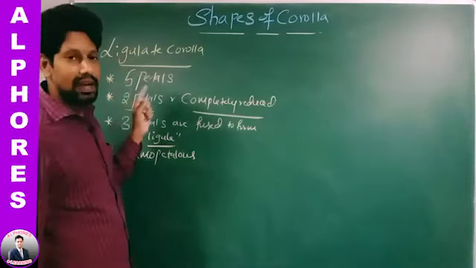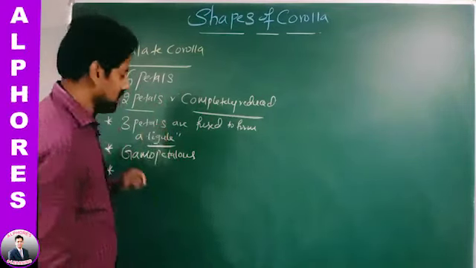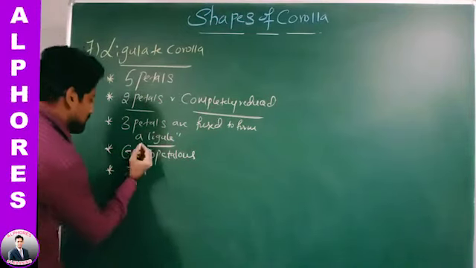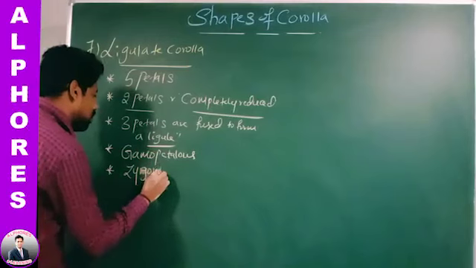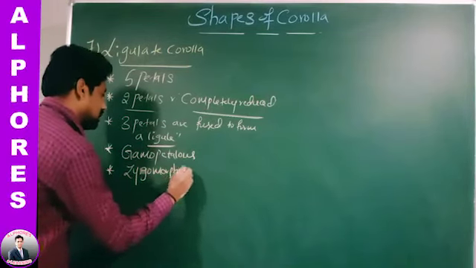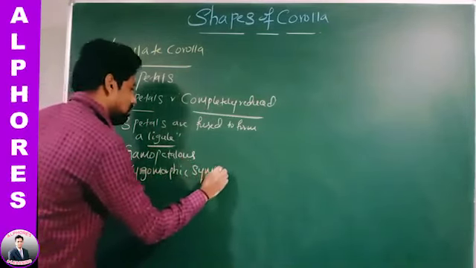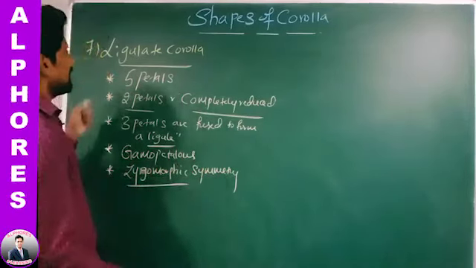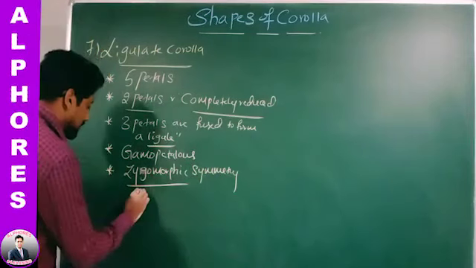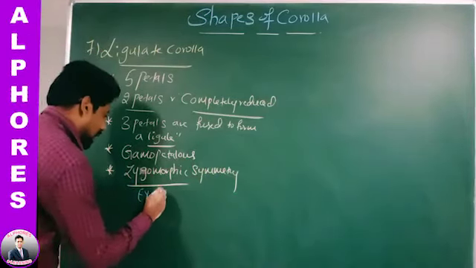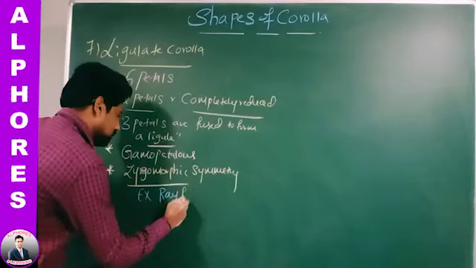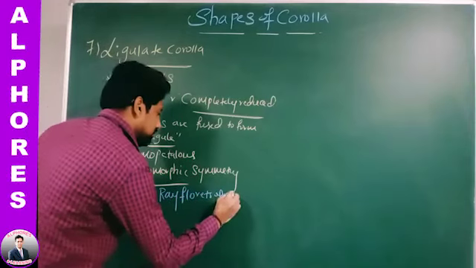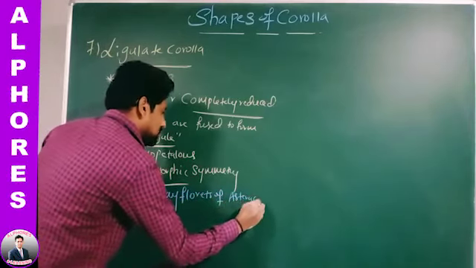This ligulate corolla is present in a flower which shows zygomorphic symmetry. The example for ligulate corolla is ray florets of Asteraceae family.